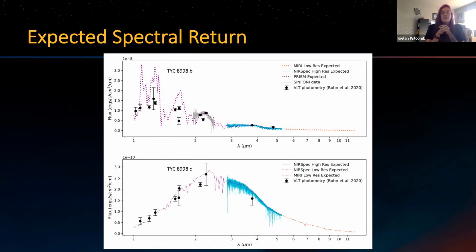I took a combination of Phoenix atmosphere models and BT-Settl models and downsampled them to proper resolution for MIRI, and also for NIRSpec medium resolution and for the NIRSpec prism resolution. The black dots are all photometry and the gray spectra for TYC B is SPHINX spectra. So we'll have probably the most comprehensive spectral library of 2 exoplanets in a multi-planet system ever with this program.